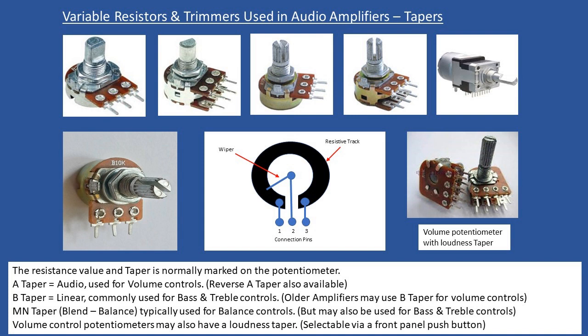It says B10K, and what B means is that it is a linear taper. That means that if I rotate this potentiometer, as an example, to its midpoint, then if I measure between one of the outer pins and the center pin, I would read an ohmic value of approximately 5,000 ohms.